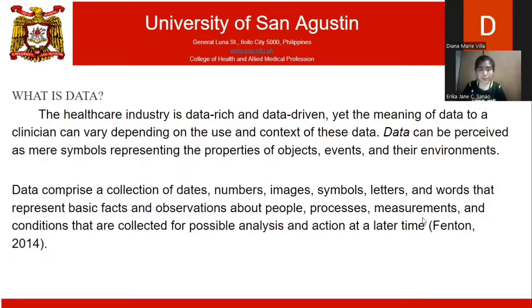Data comprise a collection of dates, numbers, images, symbols, letters, and words that represent basic facts and observations about people, processes, measurements, and conditions that are collected for possible analysis and action at a later time.